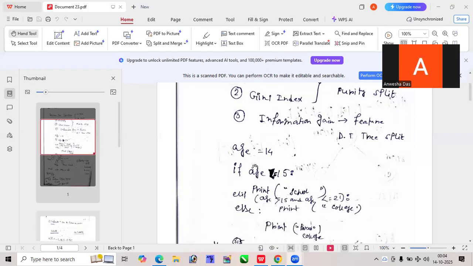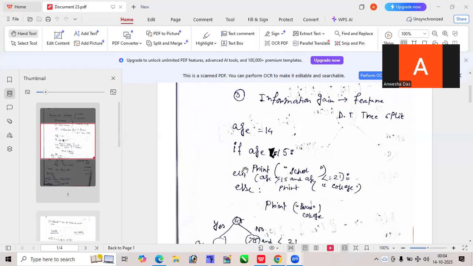So let's start with Python programming. See here, I have mentioned age equal to 14. After that, I have written age less than 15. If age is less than 15, then the child will go to school.